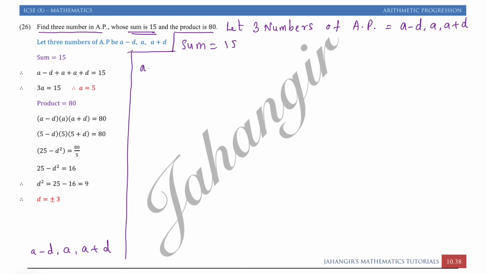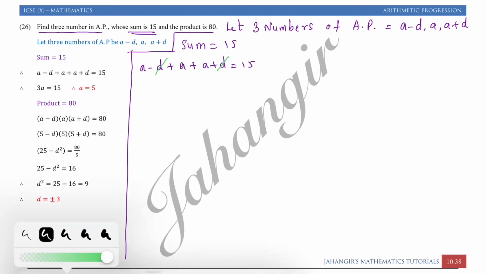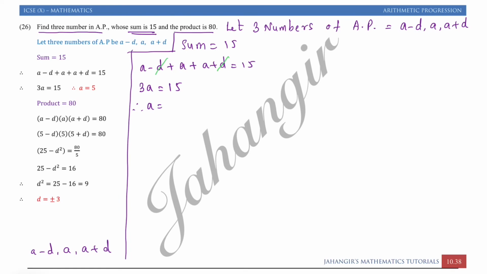So I can write A minus D plus A plus A plus D is equal to 15. Cancelling out D and D, you will get 3A is equal to 15. So therefore A is equal to 5.